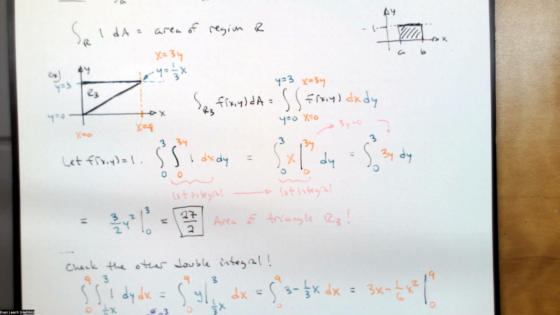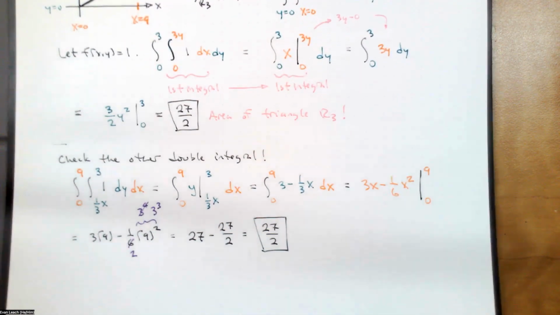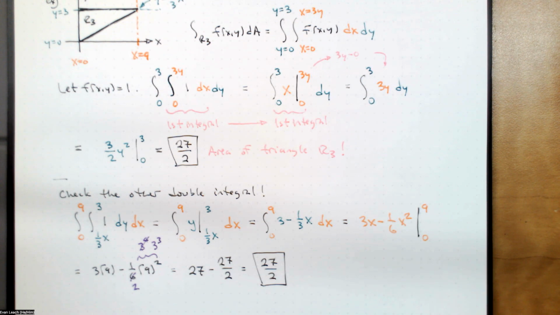I want you to think that the number for the area of this room is equal to the volume of this room if the height is just 1 unit. Those numbers will be the same. Integrating the function 1 gives you the size of the thing over which you are integrating.